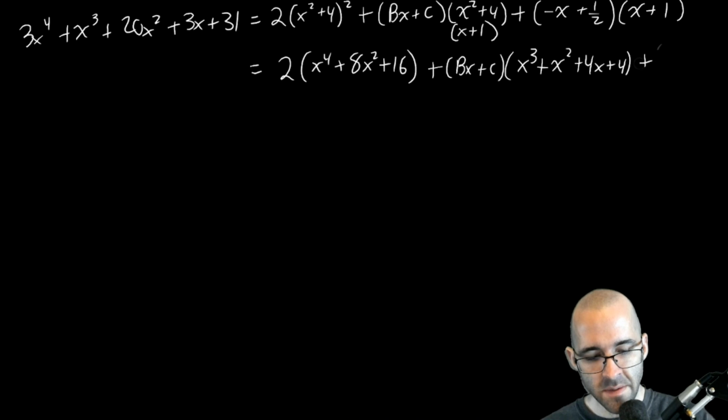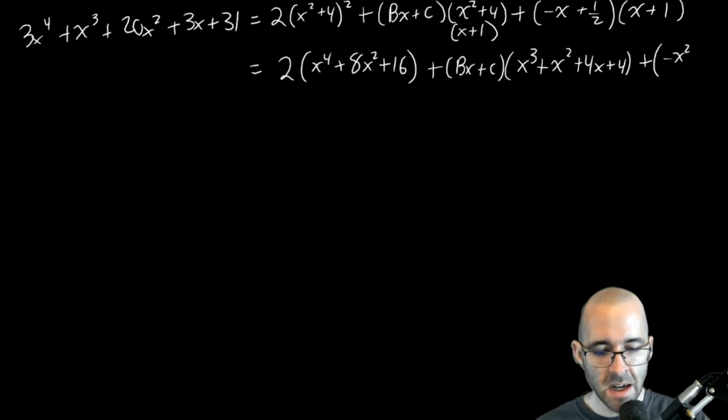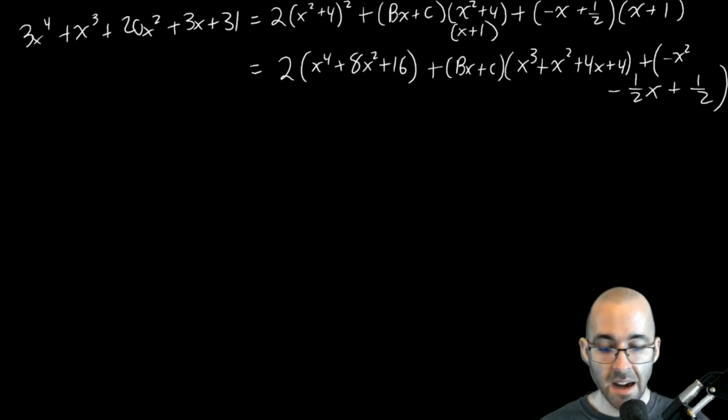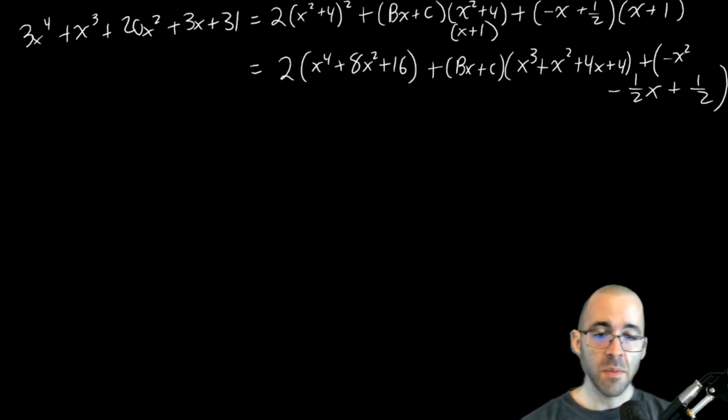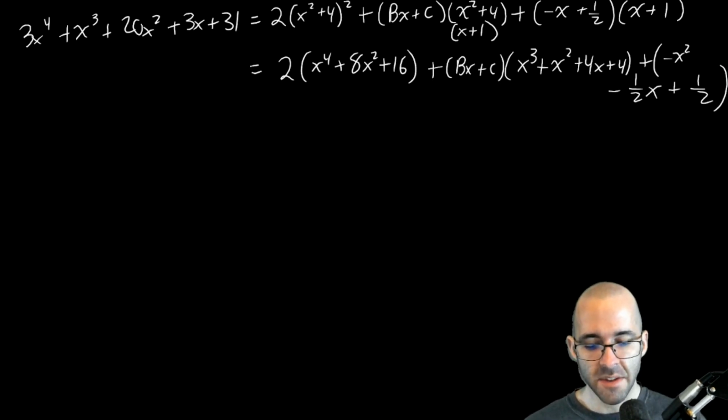And this last one becomes negative x squared minus x plus a half, is minus a half x plus a half. Now, we can actually simplify some more if we want to, but we don't have to.